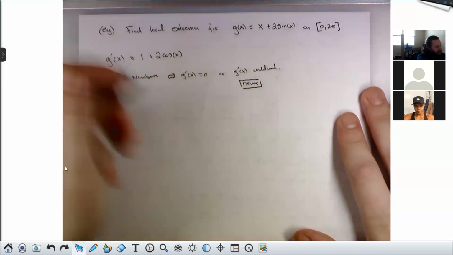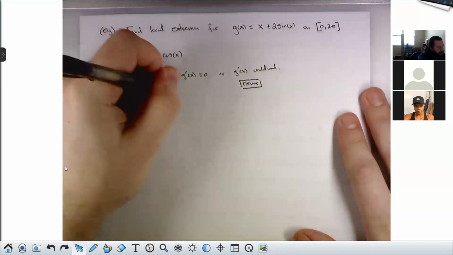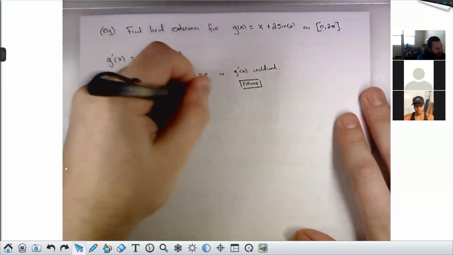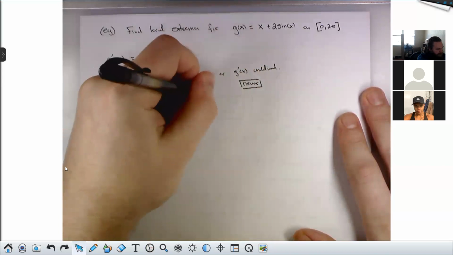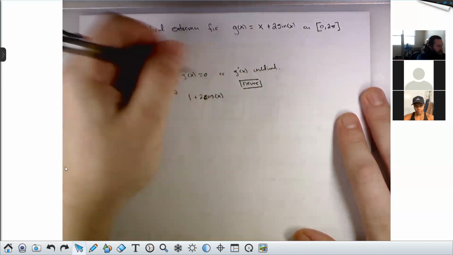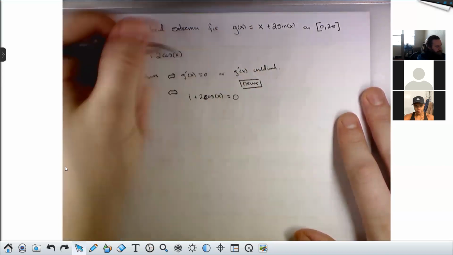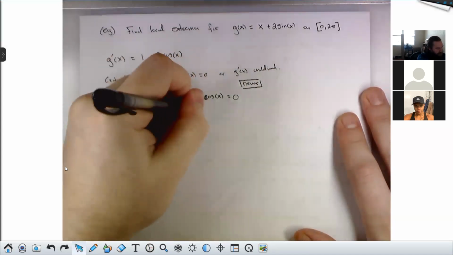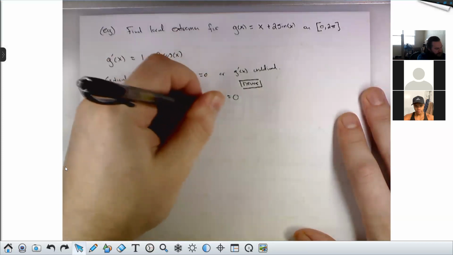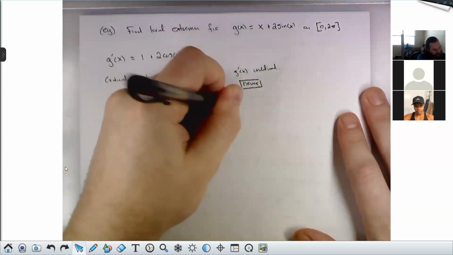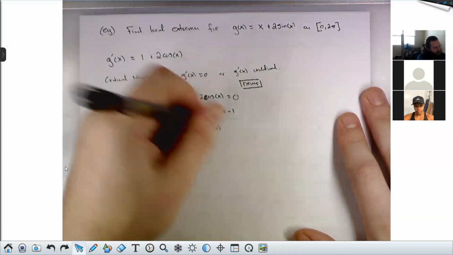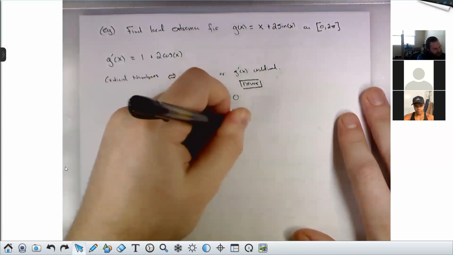But it can certainly equal zero. So that would mean 1 plus 2 cos x is equal to 0, which means 2 cos x is equal to -1, which means cos x is equal to -1/2.